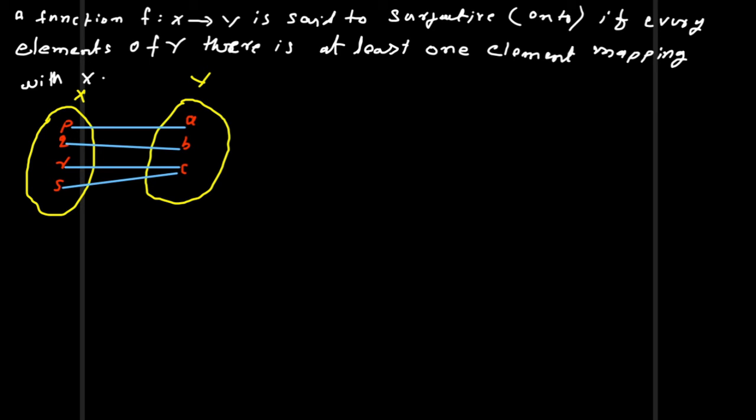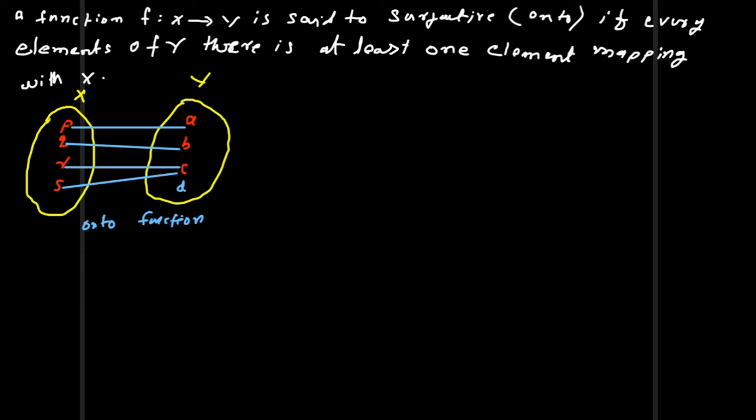So here every element of set Y, that's the codomain, has a pre-image in X. So what do we call this function? Onto or surjective function. Clear? Suppose you take one more element d, so the elements a, b, c, d, and then we take any map like this.